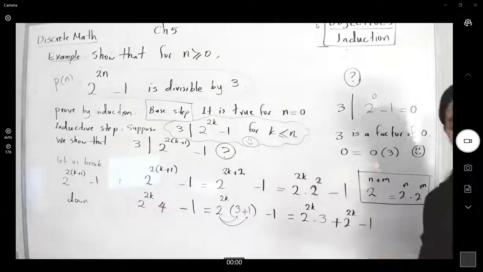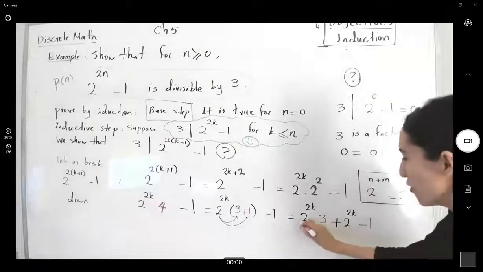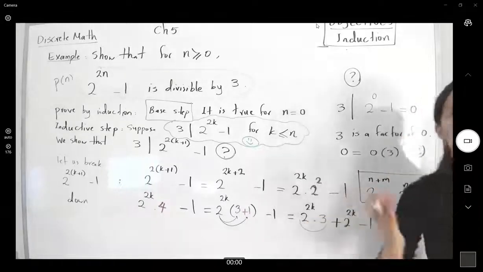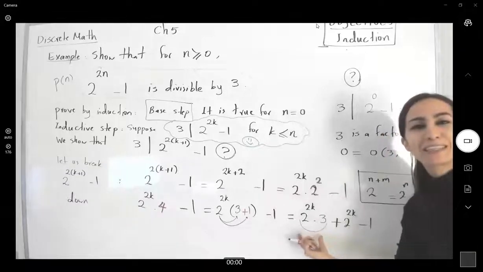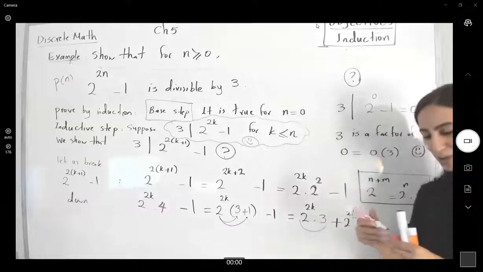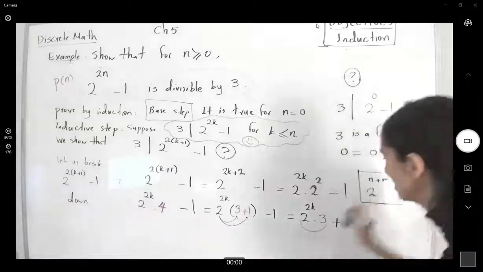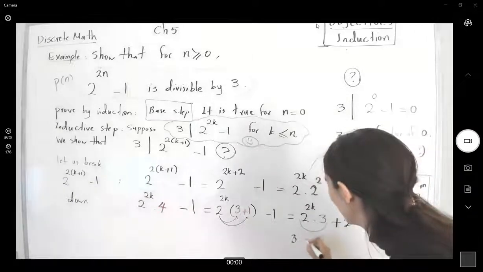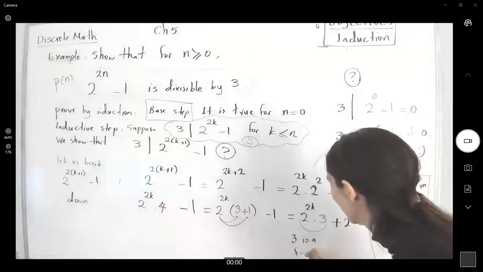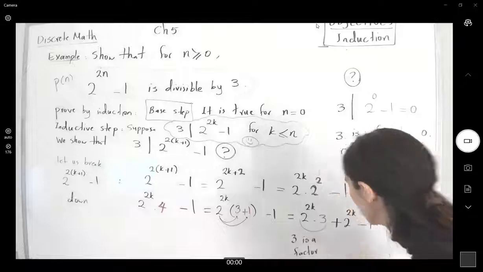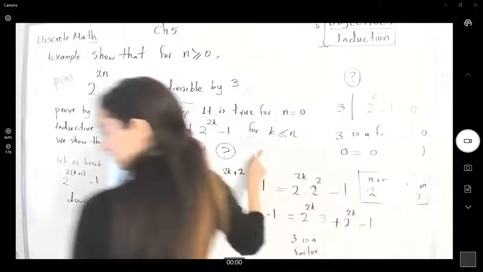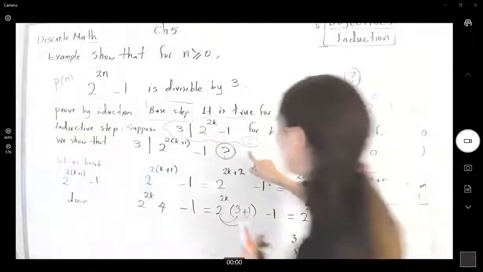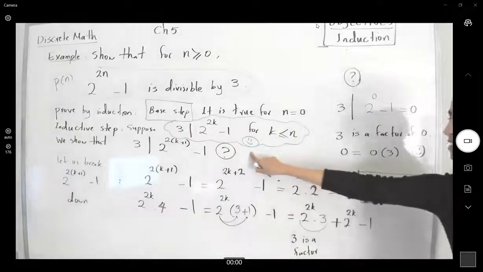Well, what do you see here? You have this term with 3 in it. What's the meaning of that? It means that 3 divides this expression here. So 3 is a factor here. Now look at 2 to 2k minus 1. I'm going to use what I have as my inductive step.